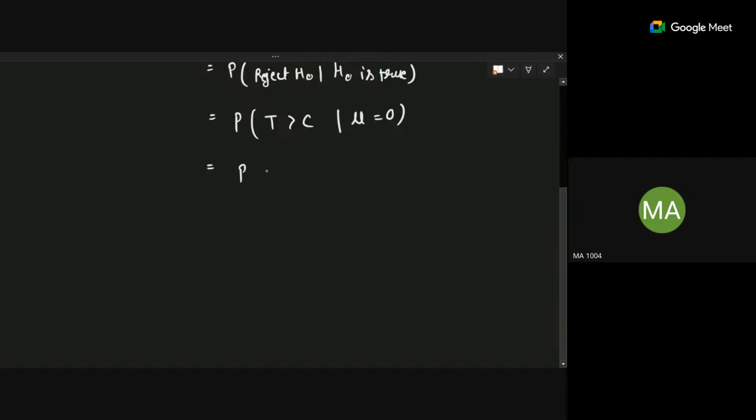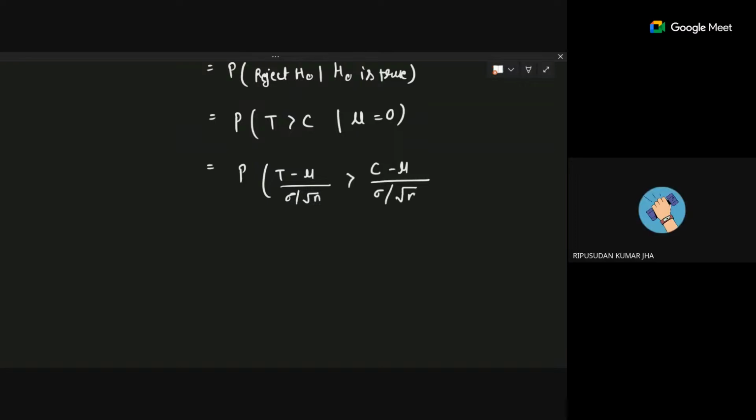So which test will be applicable here? Z test. Why is it so? Because we are checking for the mean, and variance is known. That is not the reason.